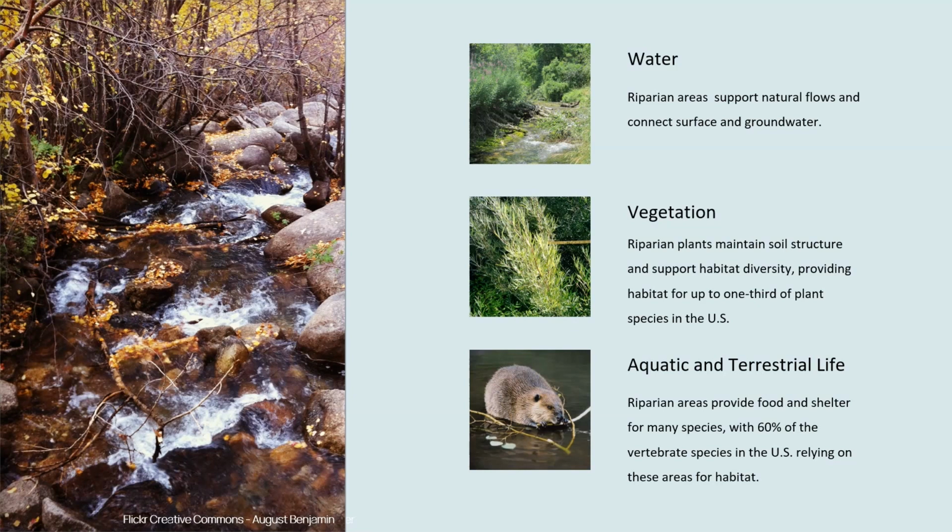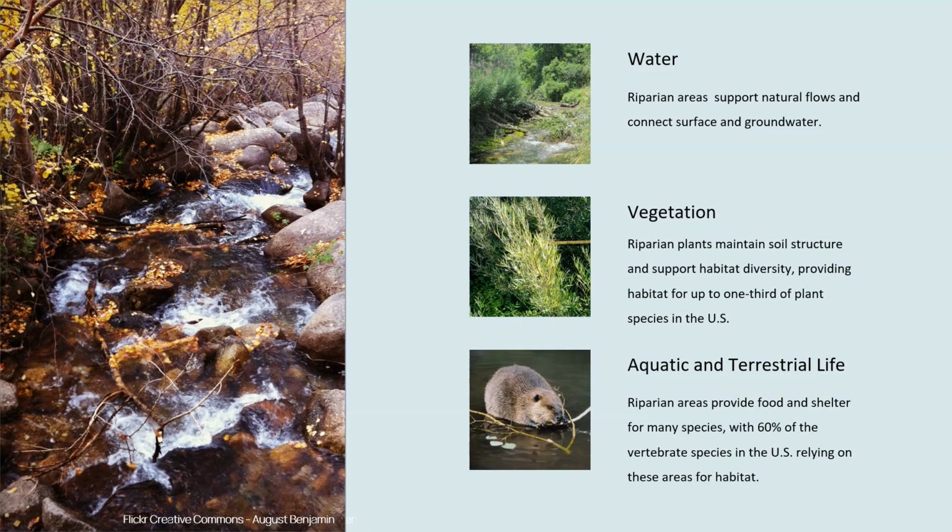There's water, which supports natural flows and helps with the surface to groundwater movement connecting between the two. There's vegetation. Riparian plants maintain soil structure and support habitat diversity, and they provide habitat for up to a third of the plant species in the U.S. So that's a really important place for them.